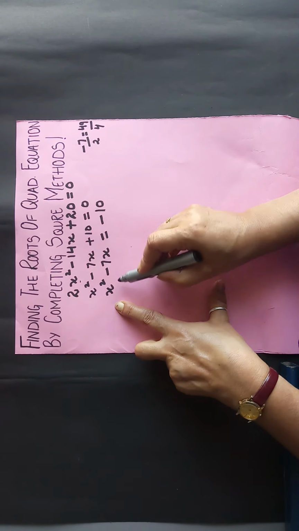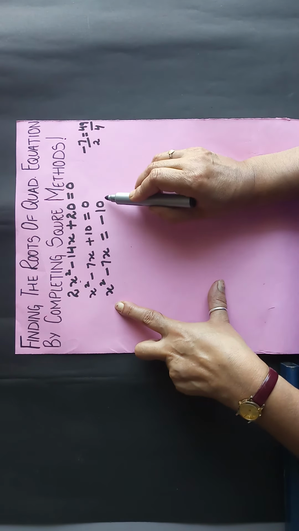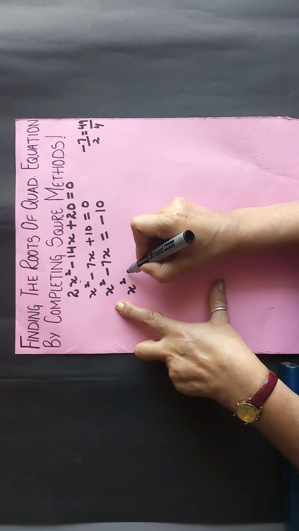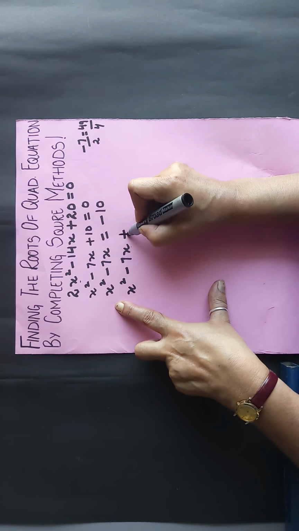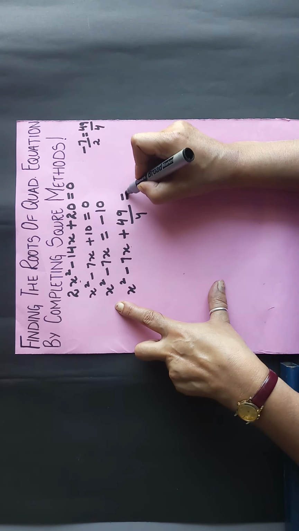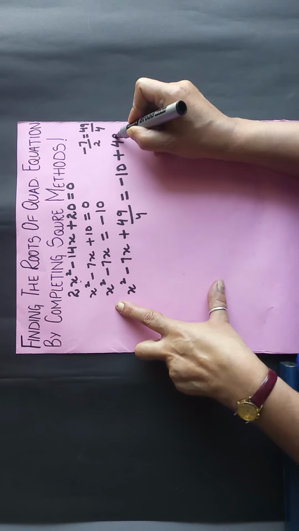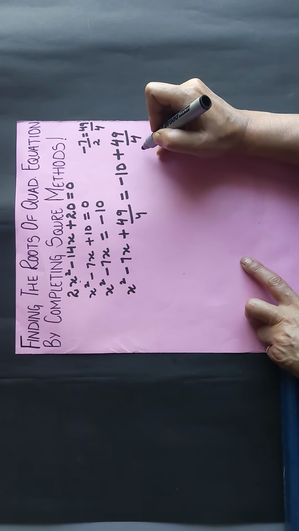Add both sides of the equation by the square of half of the coefficient of x. So we will get x square minus 7x as it is plus 49 by 4 equals to minus 10 plus 49 by 4. We are adding 49 by 4 to both sides of this equation.